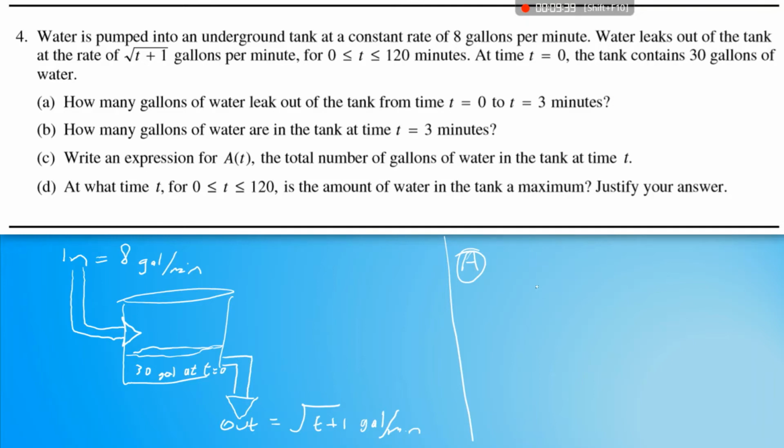The integral from 0 to 3 times the rate.